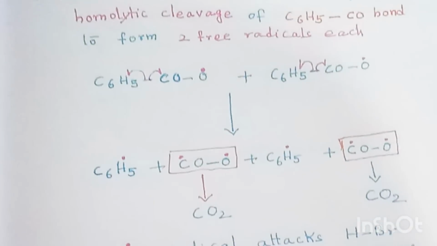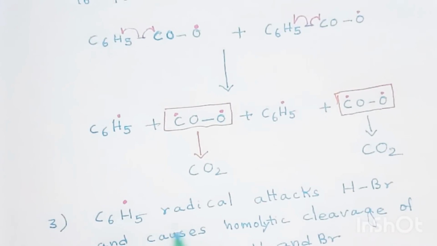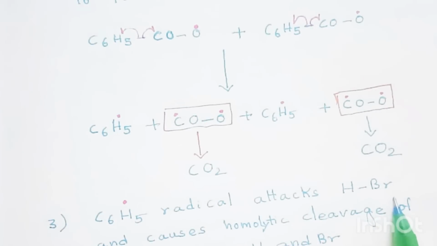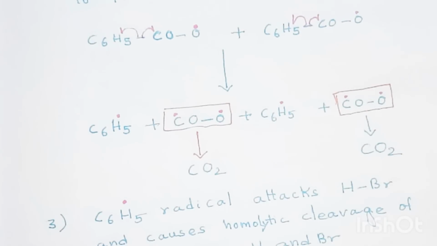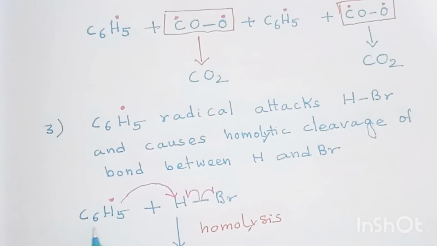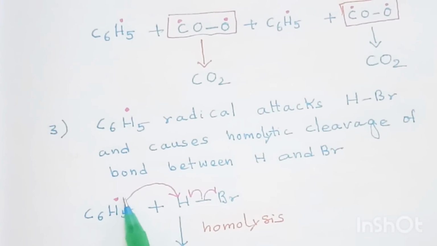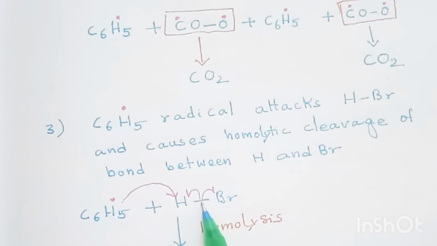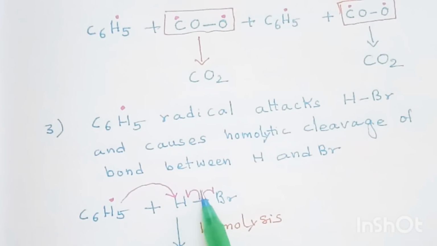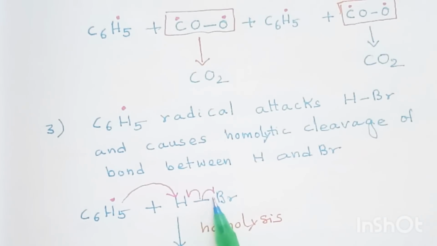Now, this C6H5 radical attacks HBr and causes homolytic cleavage of the bond between hydrogen and bromine. So this is how it happens. C6H5 radical attacks HBr. So the bond between hydrogen and bromine undergoes homolytic cleavage.